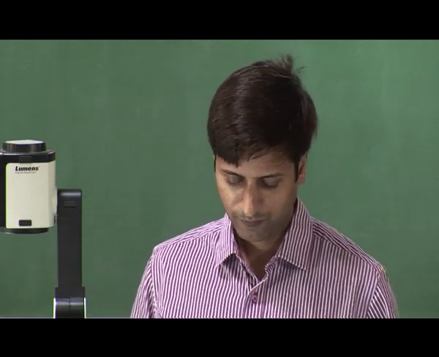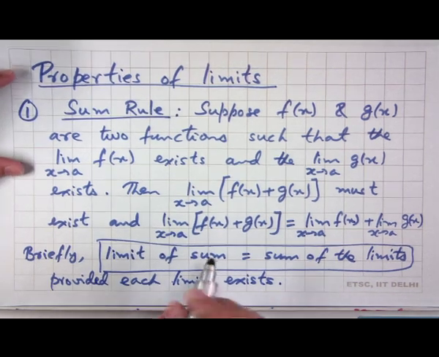So, this again is something which is not very hard to believe, that limit of the sum is sum of the limits, but if you try to prove this, then this epsilon delta definition comes handy.